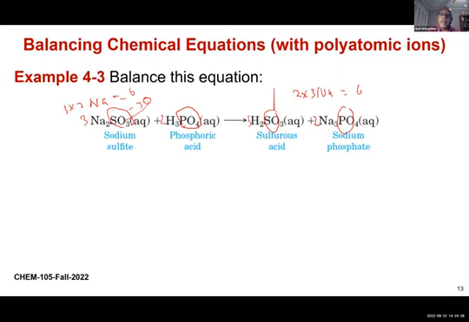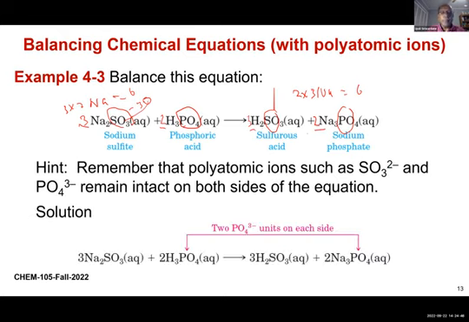Then check the hydrogen. Hydrogen is 6, 6. The equation is balanced. The last one is always balanced by itself. So this equation has stoichiometric coefficients of 3, 2, 3, 2. So we got the same answer. 3 here, 2 here. How many of you are understanding this now? Are you guys okay with balancing chemical equations?